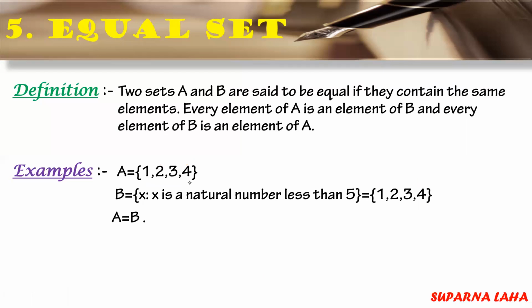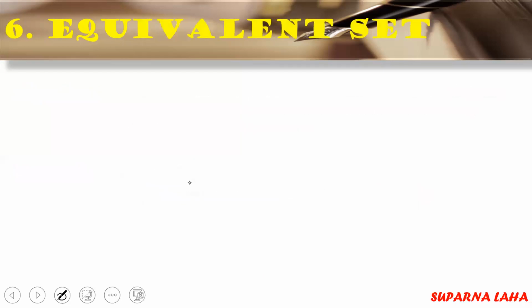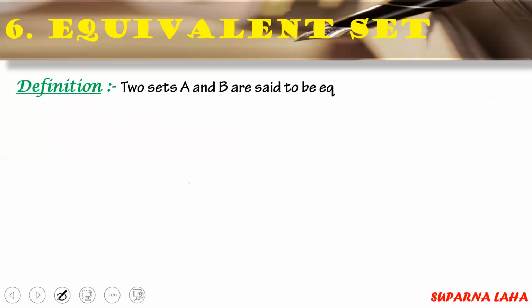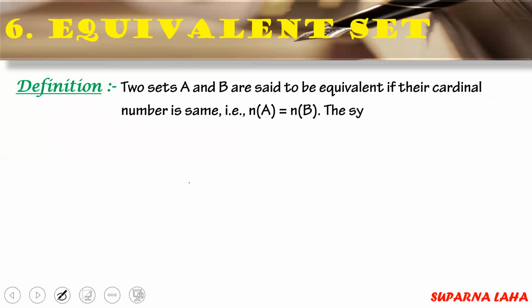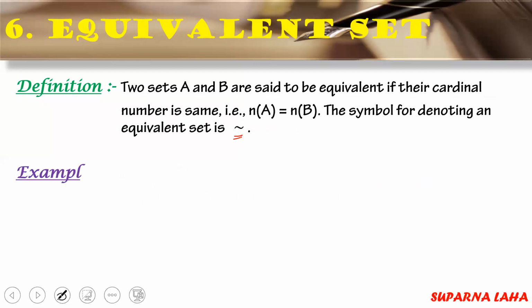Now another concept is equivalent set. What is an equivalent set? If we consider two sets A and B, they are said to be equivalent if their cardinal numbers are the same, that is n(A) and n(B), and this is the symbol for representing equivalent sets. Let's check this example.